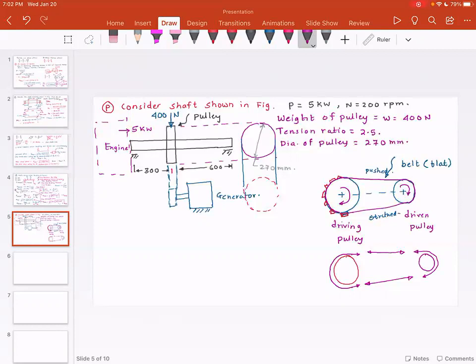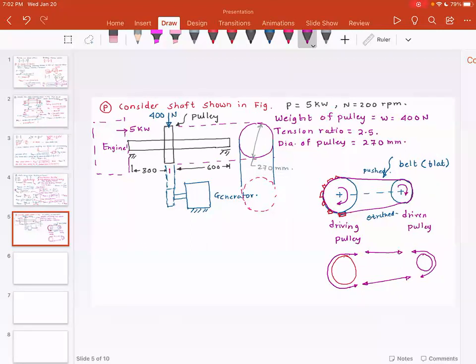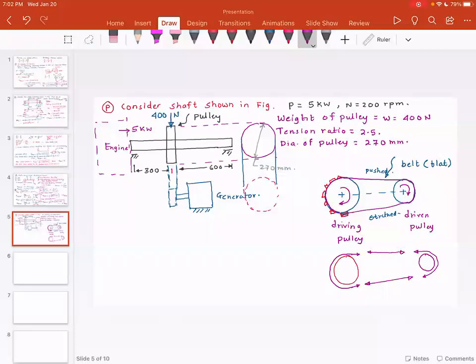Because please understand, it's a belt. Belt cannot transmit power in compression. Belt has to be under tension all the time to transmit power. But the top side is also called the slack side, since the element is sort of pushed. And this is the stretch side. So this is slack, this is stretch.